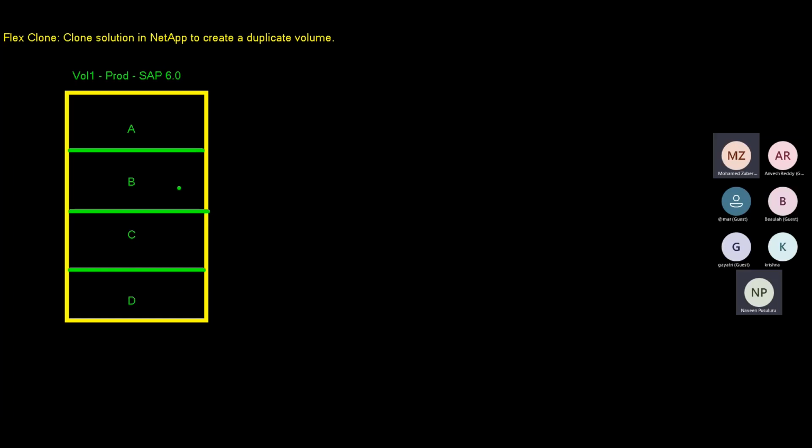Now it is connected to a server. They are utilizing this volume on one of the servers. What they want to do now is they got a new version, SAP 7.0. They want to try it, but no one will do it directly on production, right?